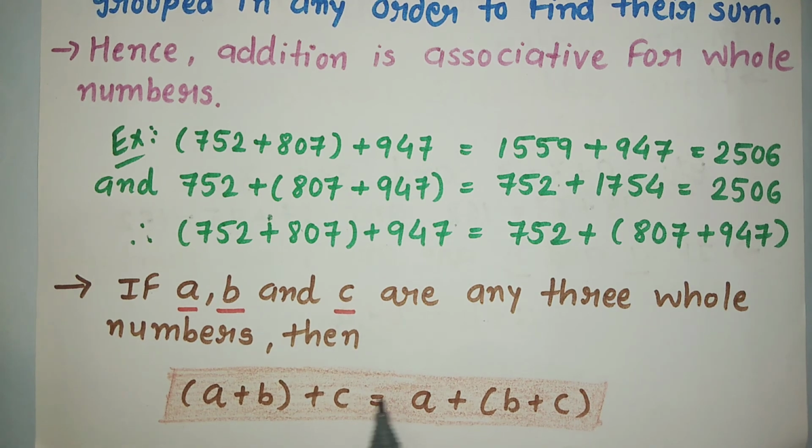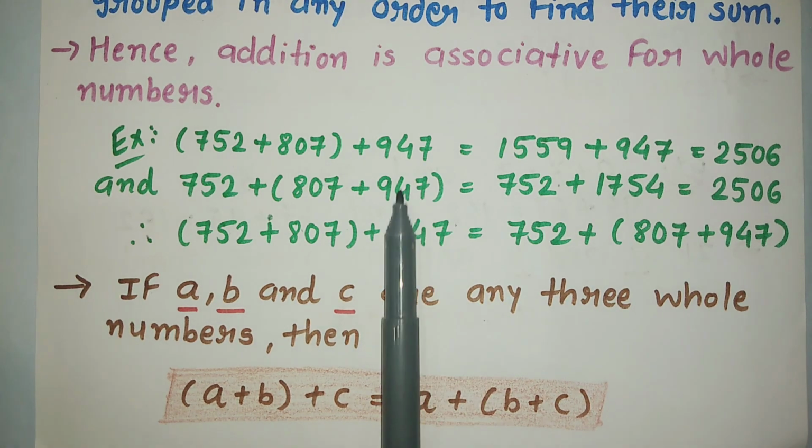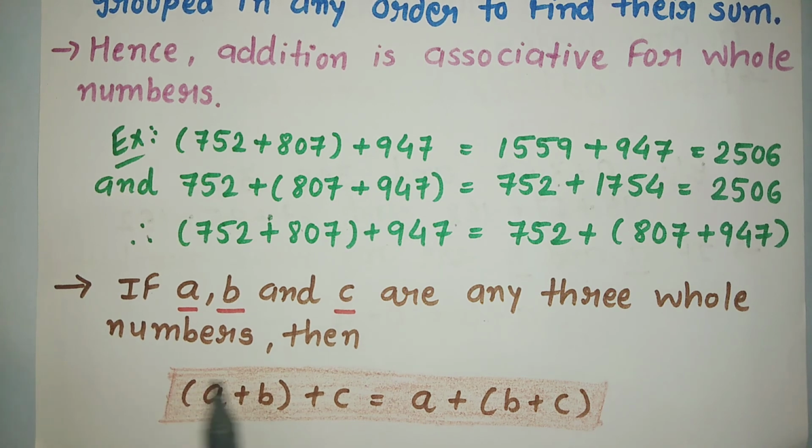Our answer will be the same as we have seen here. If I make the group of the first 2 numbers, or in the next case the group of the last 2 numbers, our answer will be the same. These are the properties of addition. The first one was the commutative property, then closure property, additive property and the associative property.